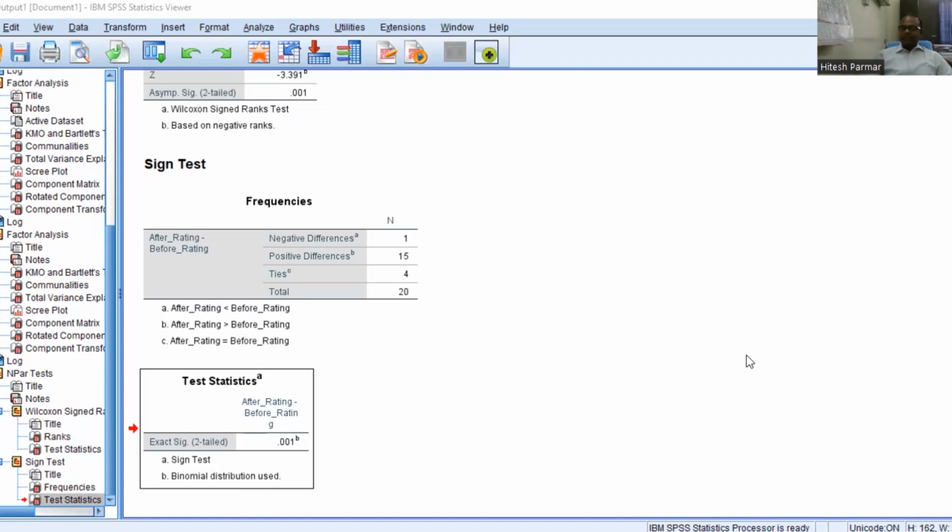So you are rejecting it; the median difference is not 0. There is a significant difference in the feeling about the teeth before treatment and after treatment. And as the positive differences are more compared to the negative differences, finally you can conclude that the treatment is effective.